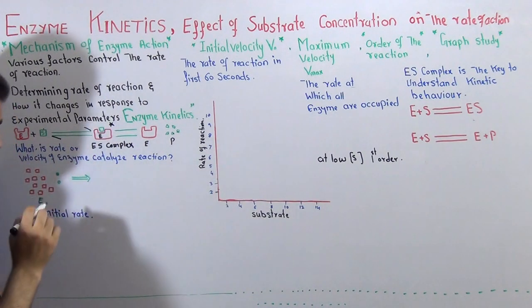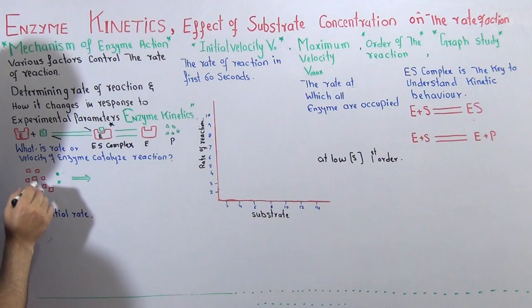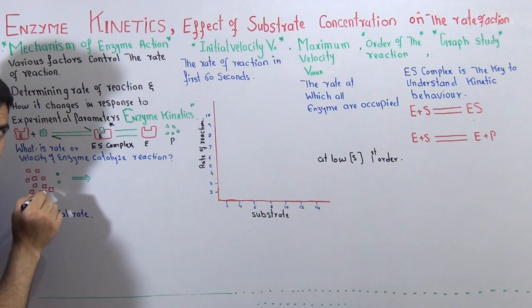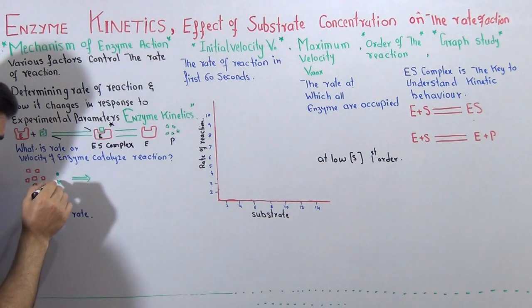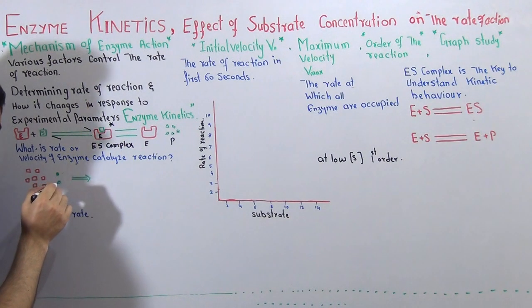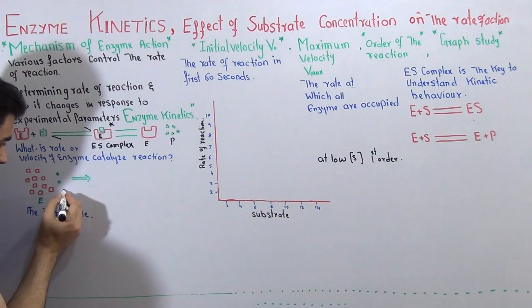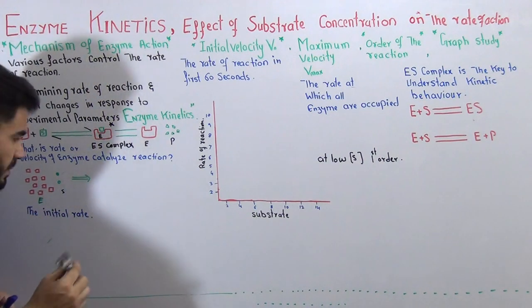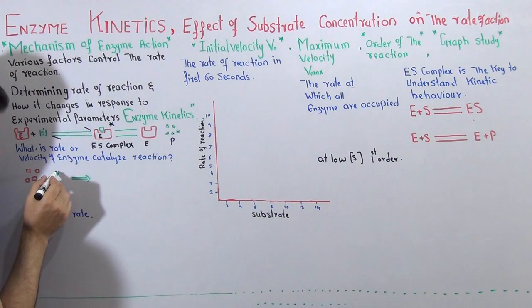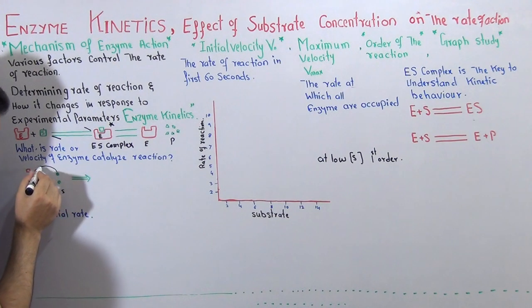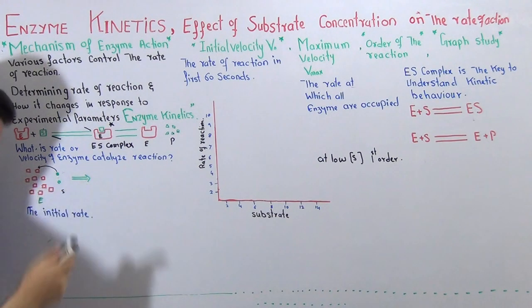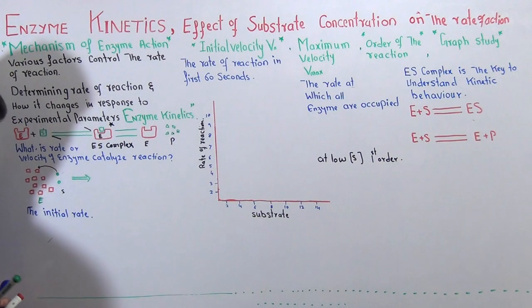Now let's suppose we have 10 enzymes. These red squares represent enzymes, and the green dots represent substrate S. Let's suppose we have 2 substrates. What will happen? One substrate will attach to one enzyme and the other to the second enzyme.